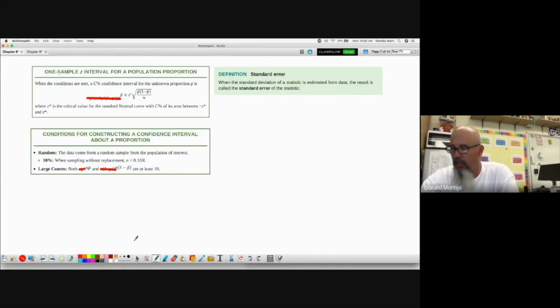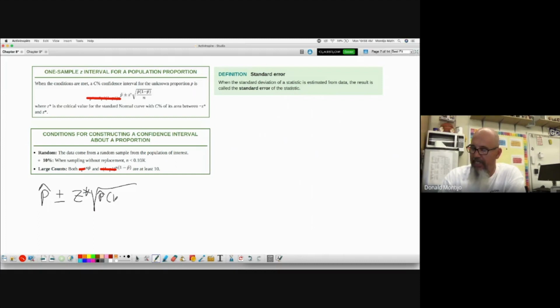So let's take a look at a one sample z interval for a population proportion p hat. The z star is the critical value we just talked about. So p hat plus or minus z star times the square root of p hat times 1 minus p hat over n.